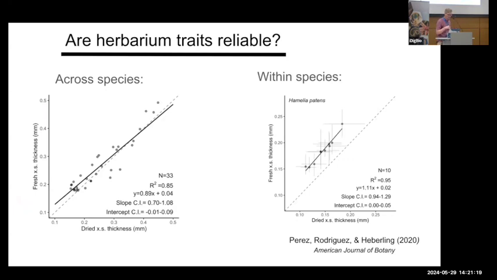So here's within species doing this same comparison. You can see it's a pretty good line, R squared 0.95, 95%, but a bit of a displacement from the 1-to-1 line, which is something to consider, but still exciting.